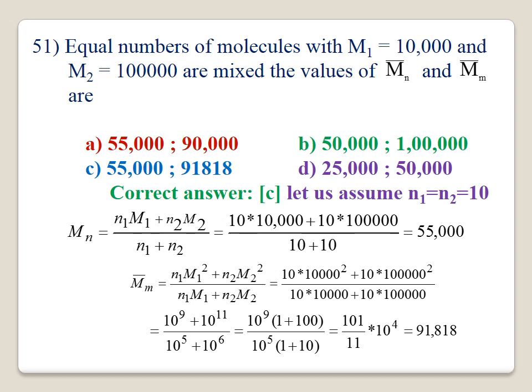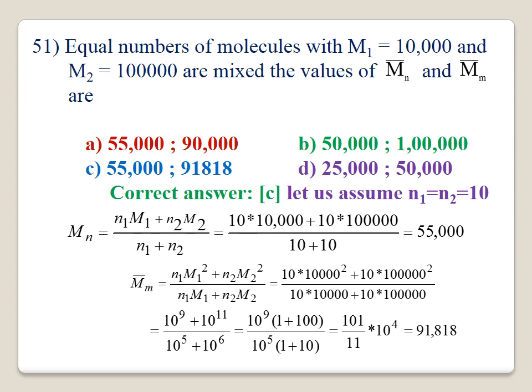Therefore, options B and D are wrong. There is a possibility for option A or option C. Now we calculate the weight average molecular weight. The formula is N1 M1 square plus N2 M2 square divided by N1 M1 plus N2 M2.